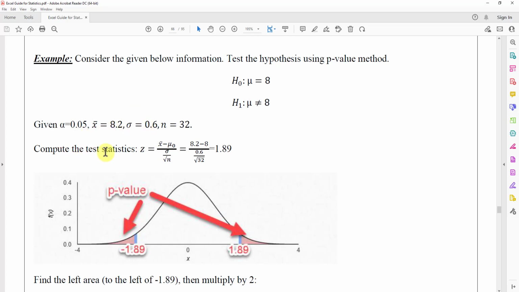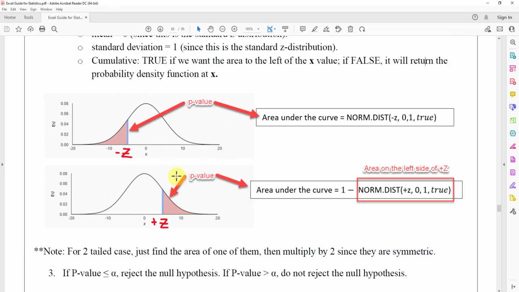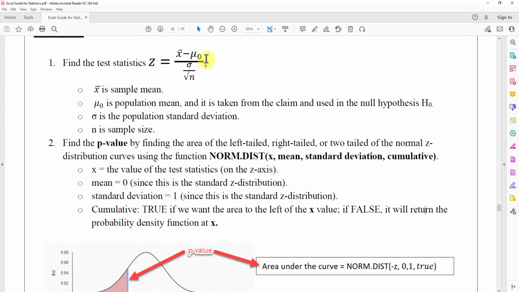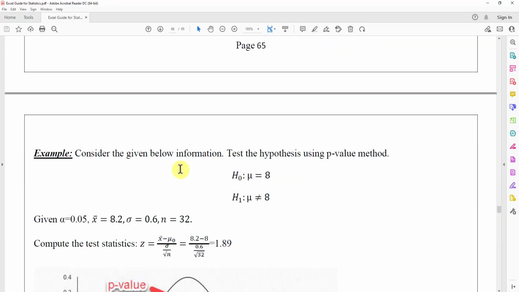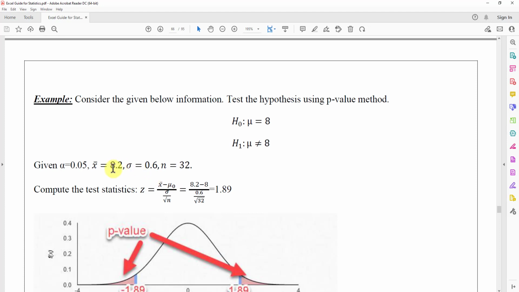So we need to compute the test statistic z, applying the formula that I just showed you earlier: x bar minus mu naught divided by sigma over the square root of n. We have x bar 8.2, and mu naught is just the claim value, the value that we assume to be true, and that is 8.